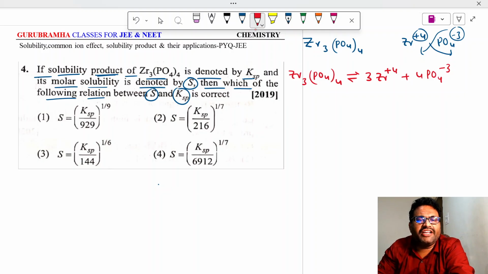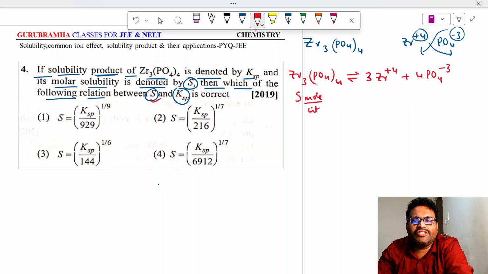The molar solubility of zirconium phosphate is given as S moles per liter. Then what will be the concentration of zirconium ion? 3 into S moles per liter, and phosphate will be 4 into S moles per liter.